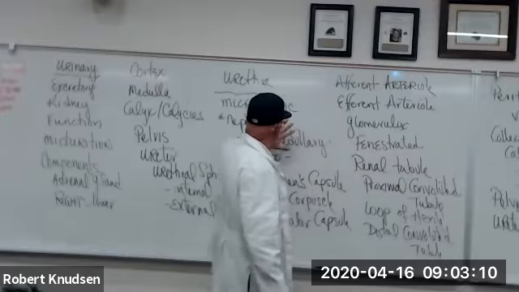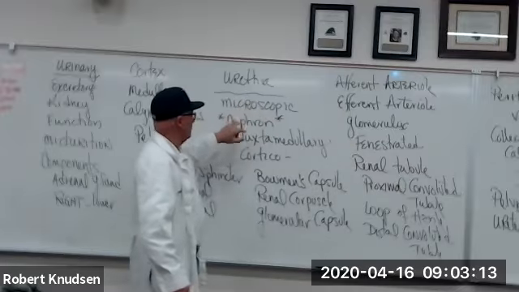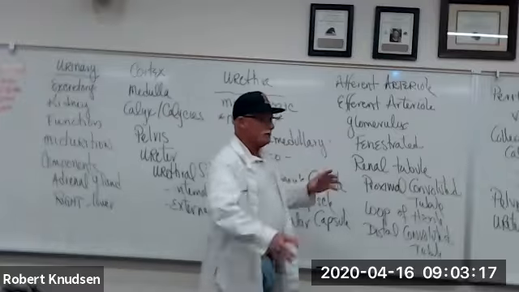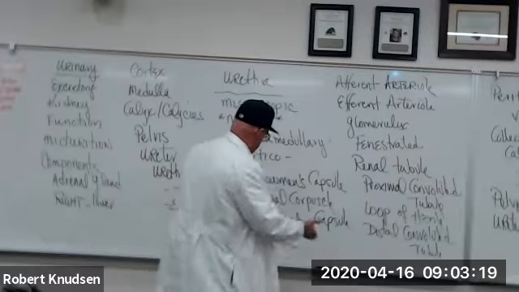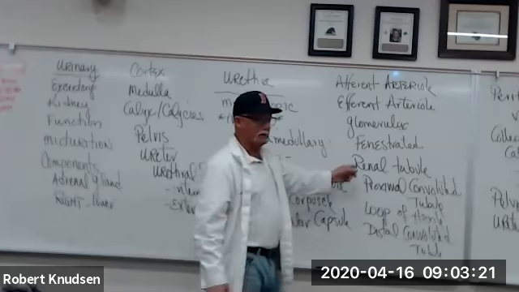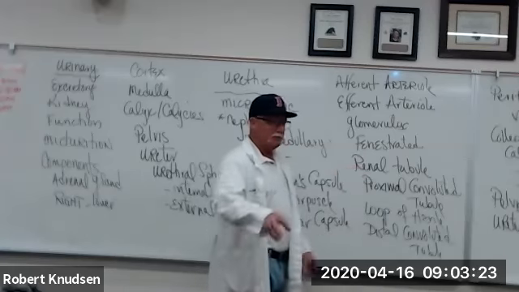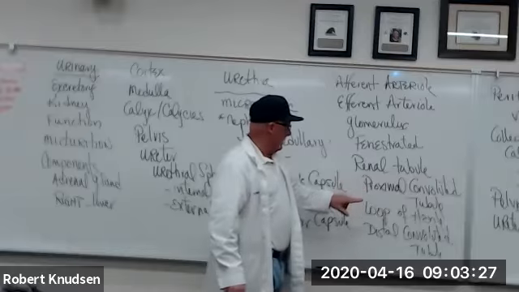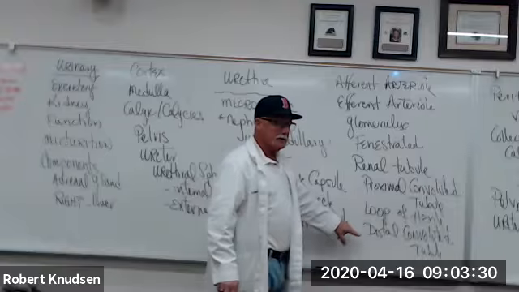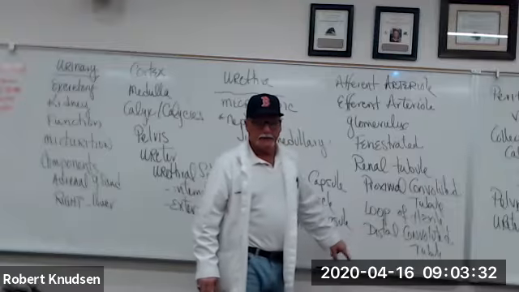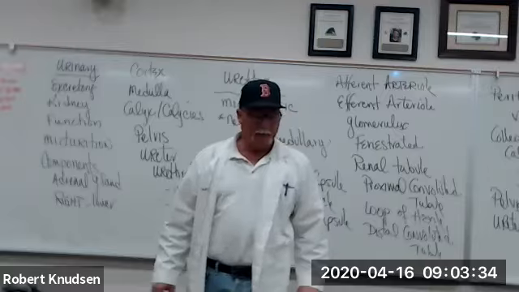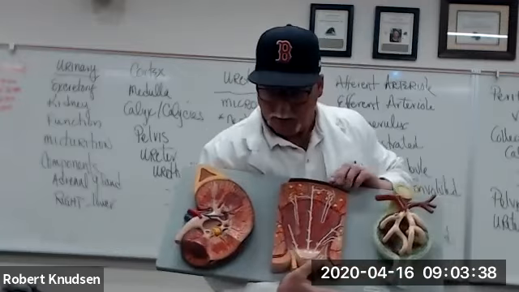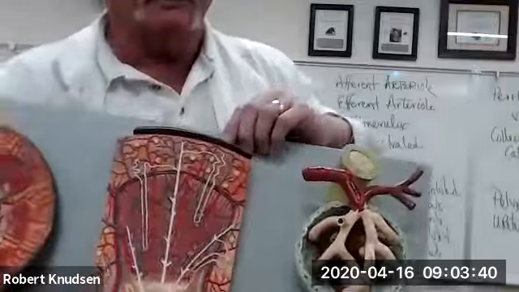Now we're talking about what is a nephron. Okay, and you see I have an asterisk on it to show the importance of it. What you have is a Bowman's capsule, this, and a renal tubule. The renal tubule has 3 parts to it. Proximal convoluted tubule, Loop of Henle, distal convoluted tubule. Let's go back to this one. I'll get a little closer so you can see it.